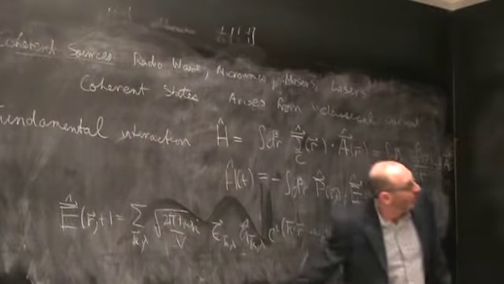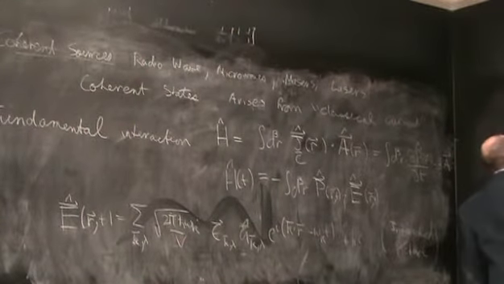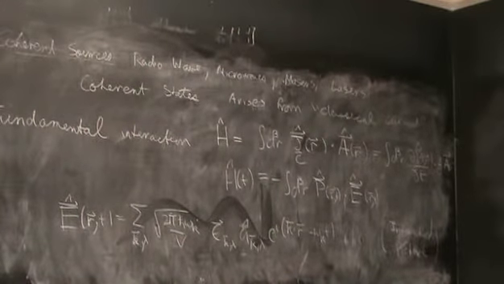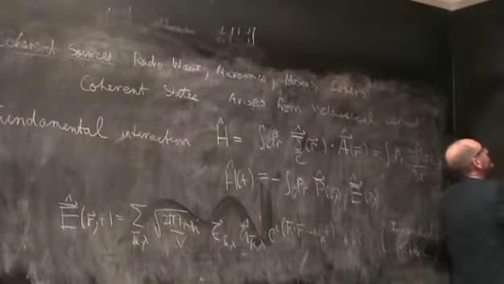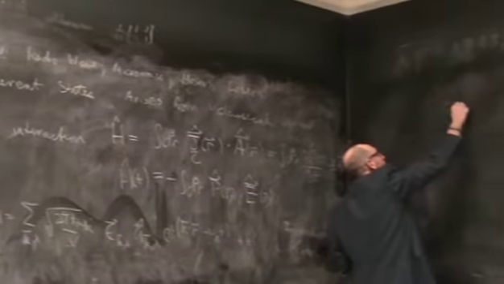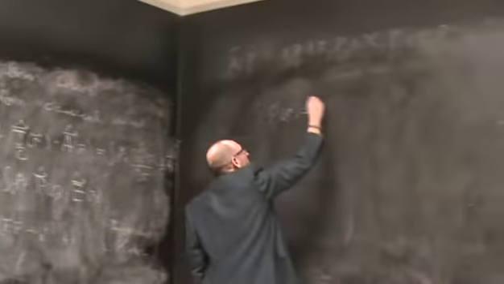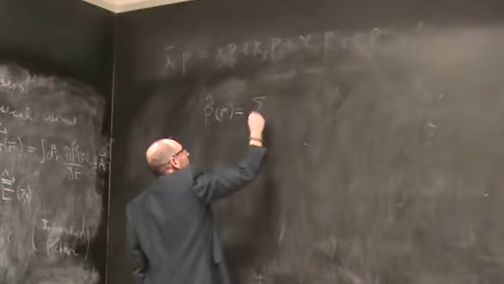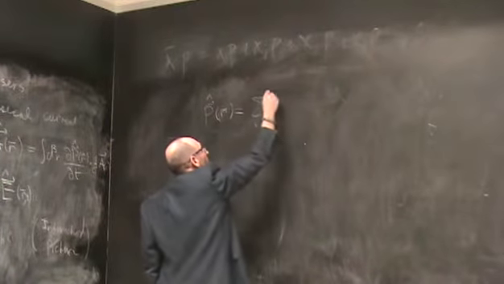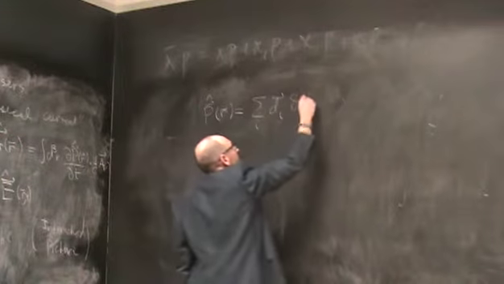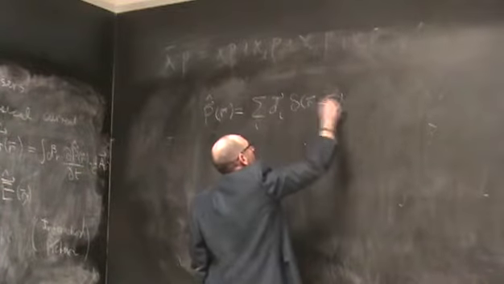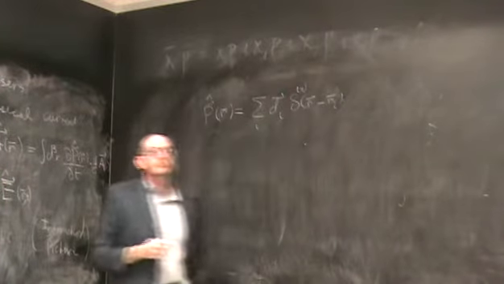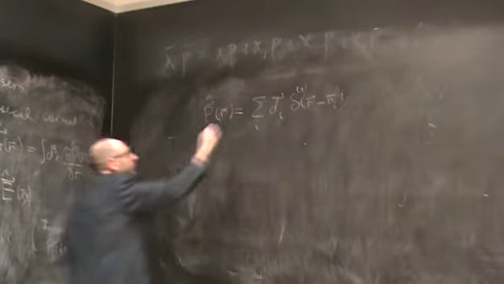And my dipole polarization density, this is the sum over all the dipoles at position R sub I. That's the dipole operator.